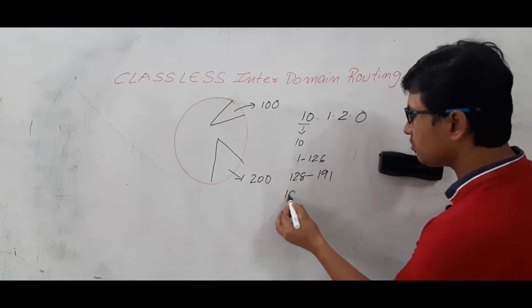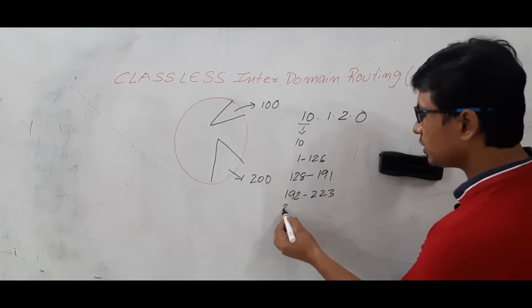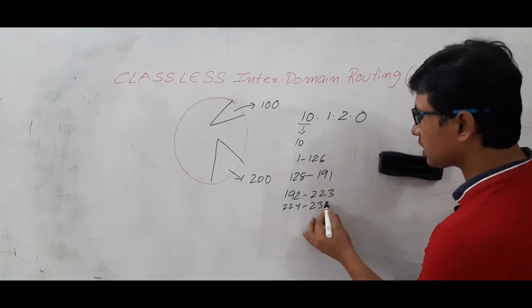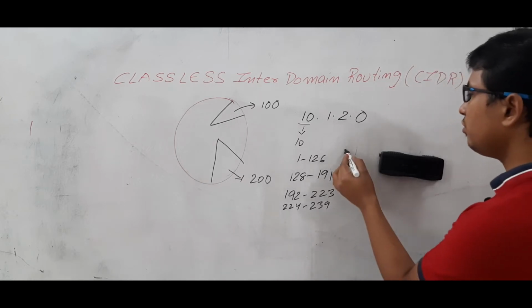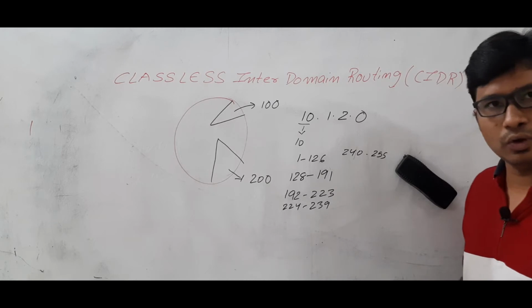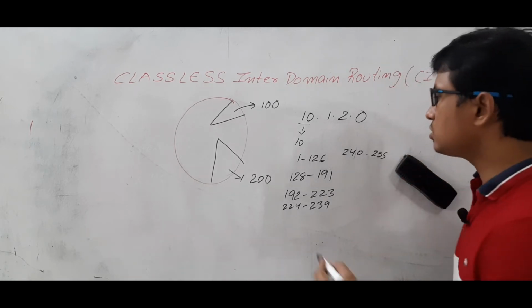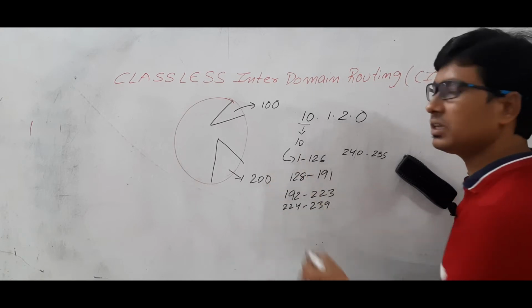Class C comes from the range of 192 to 223. From 224 to 239 is class D. 240 to 255 is class E. You know these ranges. Already I have discussed how to remember these ranges also. So you will say that this comes in class A.